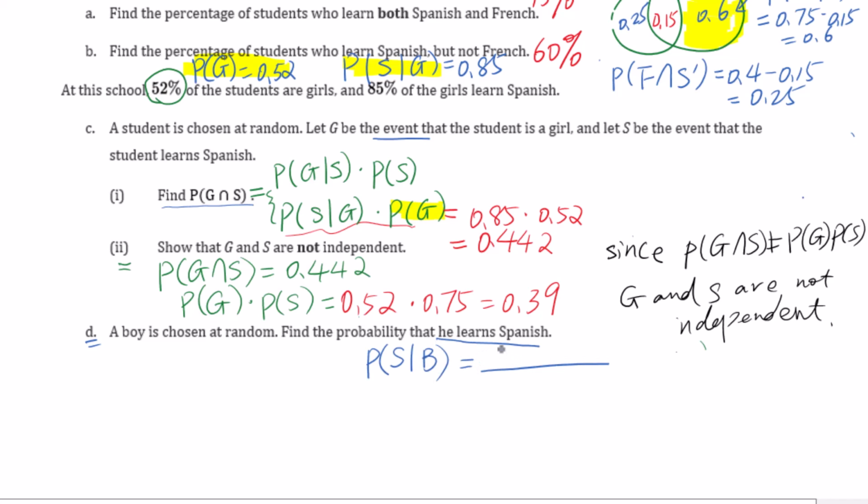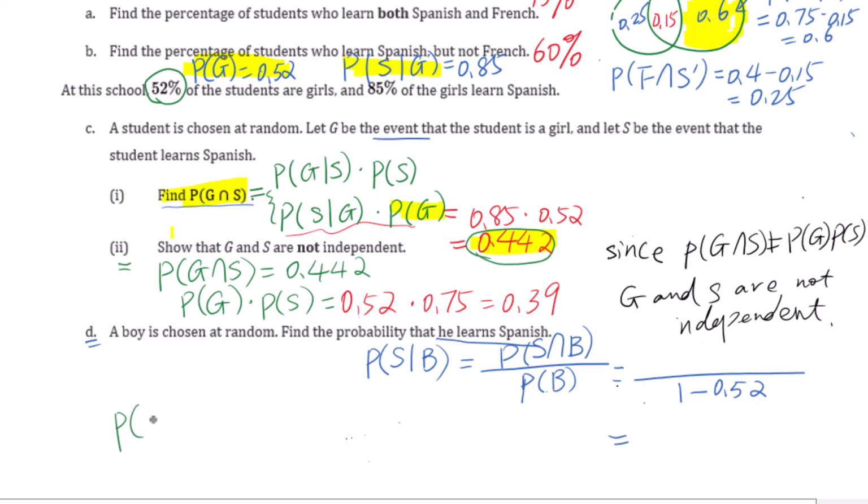Using the formula, we will get probability of Spanish intersection boys all over probability of boys. Probability of boys, we can use 1 minus probability of girls, which is 0.52. So 1 minus 0.52, we can get the probability of boys.